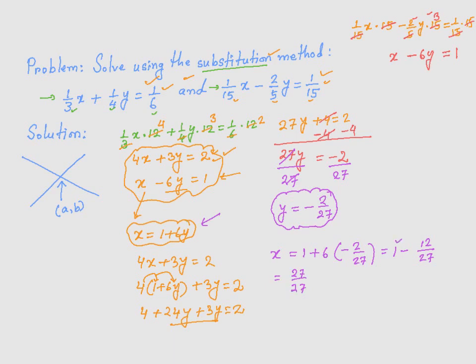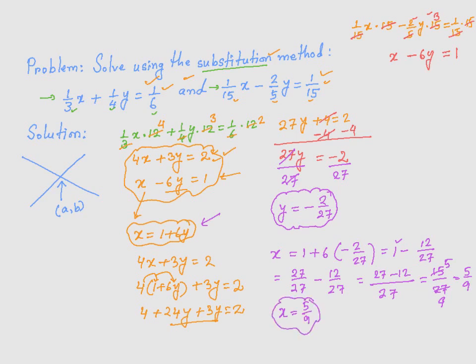This is 1 minus 12 over 27, which is 27 minus 12 over 27, which is 15 over 27. 3 goes into 15 5 times, 3 goes into 27 9 times, so it's going to be 5 over 9. So my x is 5 over 9.